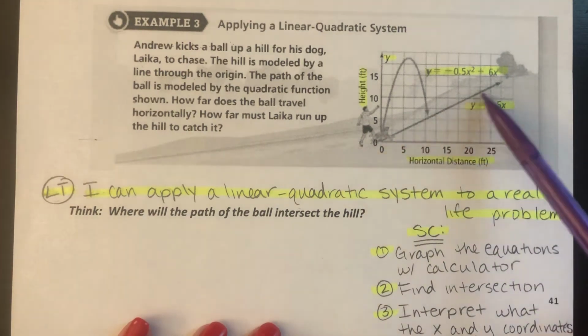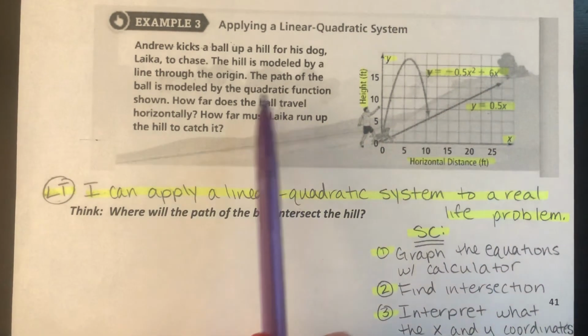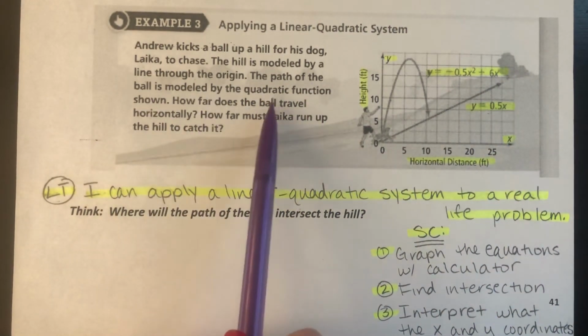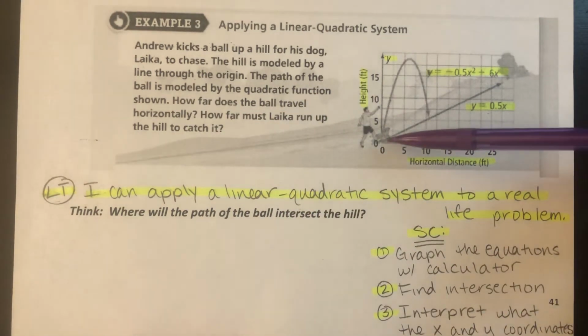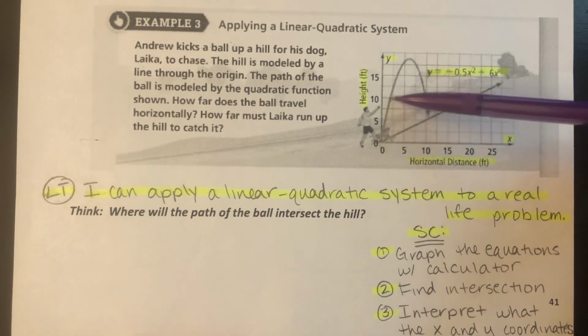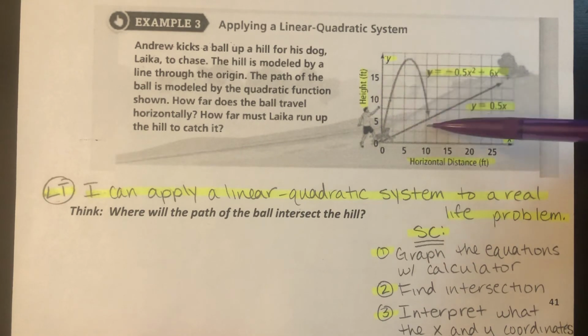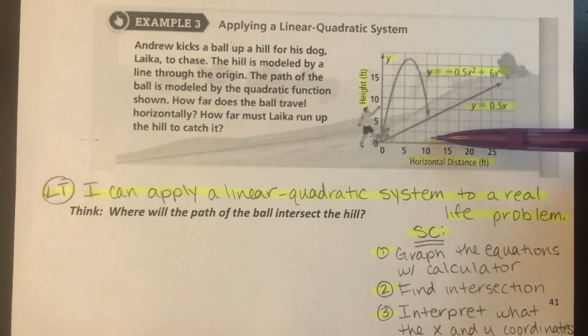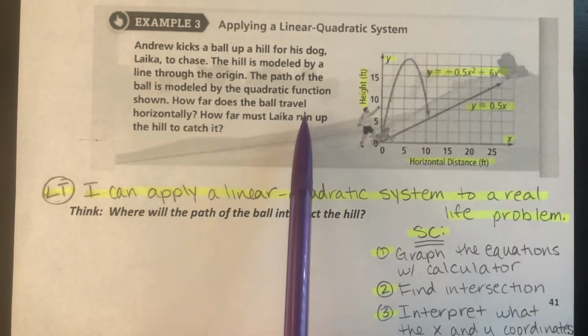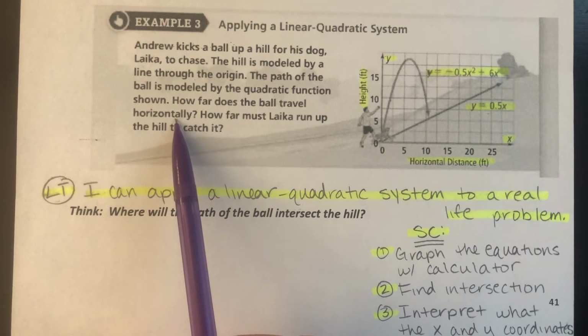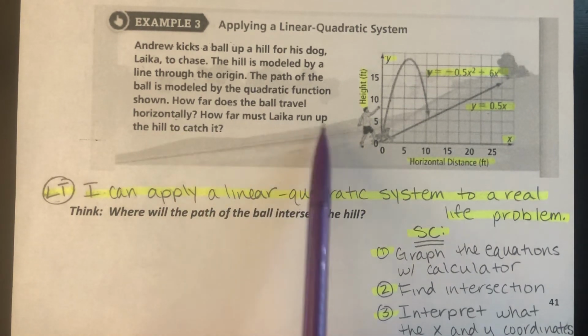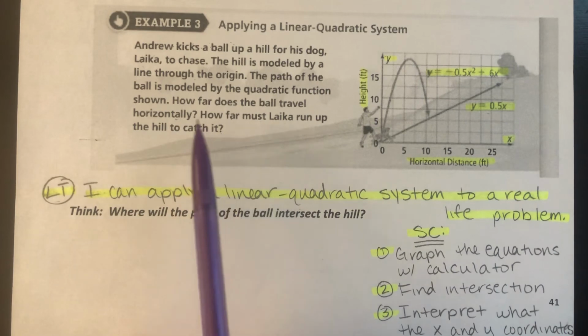So there's our line, that's our hill. The path of the ball is modeled by the quadratic function. So he's kicking the ball and it goes up and down and makes that parabola there. How far does the ball travel horizontally? How far must Leica run up the hill to catch it?